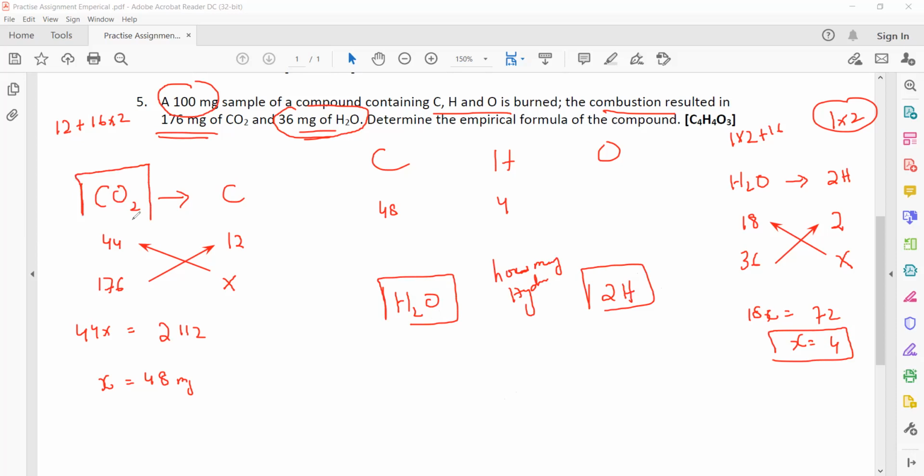One molecule of carbon dioxide contains 1 carbon atom. But what I wrote here is a mass. When I wrote the mass of carbon dioxide, the mass of carbon dioxide is 44 and the mass of carbon is 12. So we use the ratio whenever the mass of carbon dioxide is given.